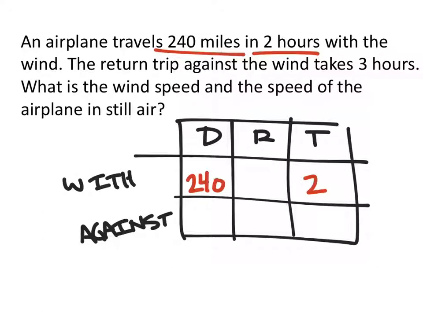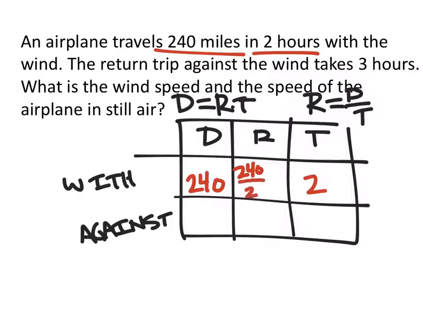Now the rate on this, whether you use D equals RT, or if you manipulate that, just like we would have in 1.9, and say that the rate equals the distance divided by the time, I would probably do that first, because then I know that the rate is going to be 240 divided by 2, which is 120. That's in miles per hour, right? Now that was with the wind.